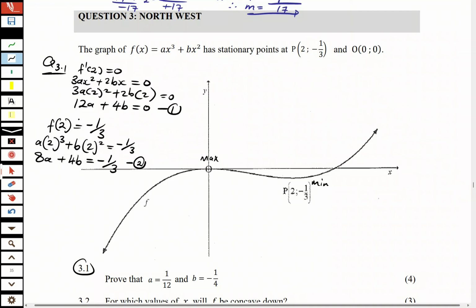So if I were to check between 12 and 8, which one is bigger? You'll agree that 12 is larger than 8. So you're just going to say equation 1 minus equation 2. So 12 minus 8, a is going to give you 4a. 4b minus 4b is going to give you 0.